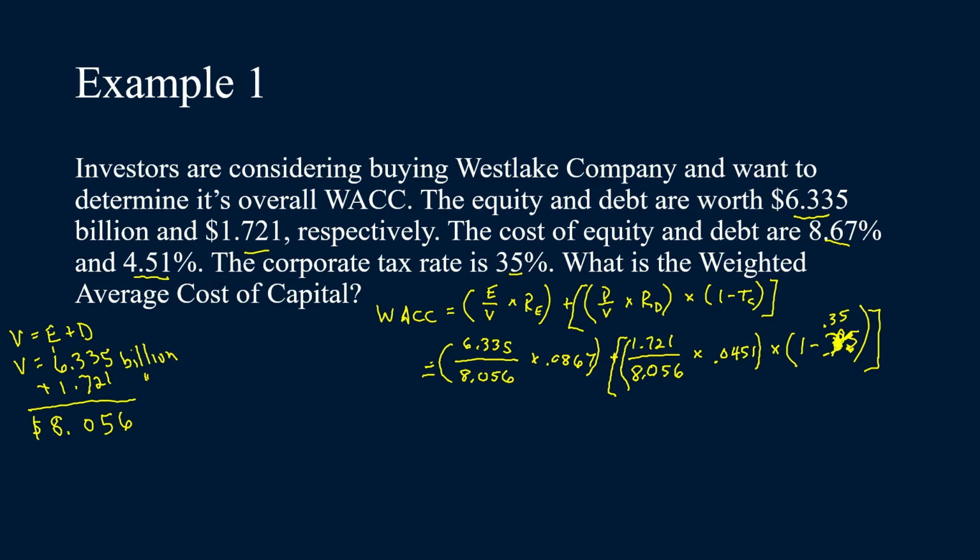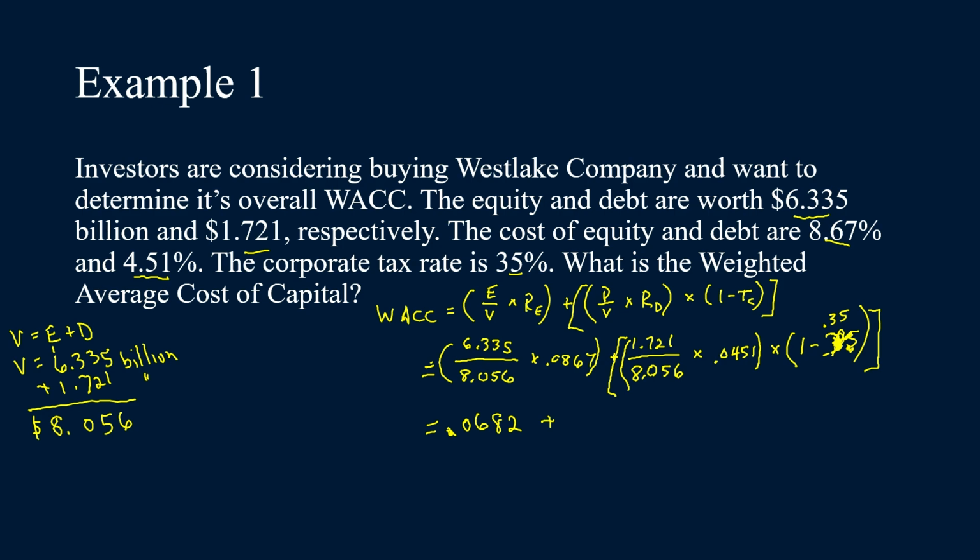All right, so we'll do the first part. And we're going to take 6.335, divide that by 8.056, and then multiply that by 0.0867. And we should get, let's see, 0.0682. Okay, that's for our equity.